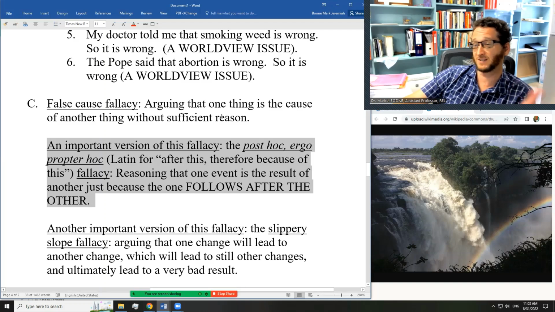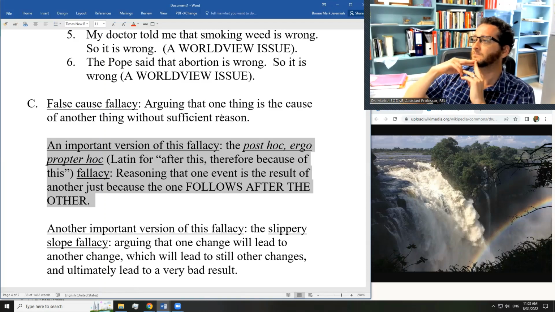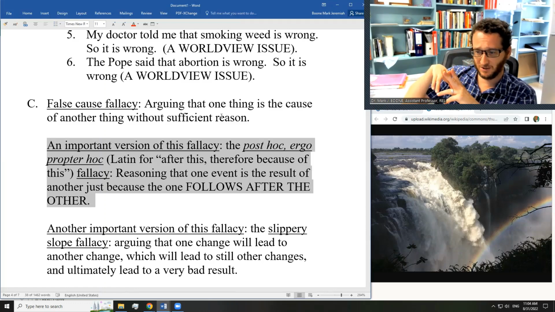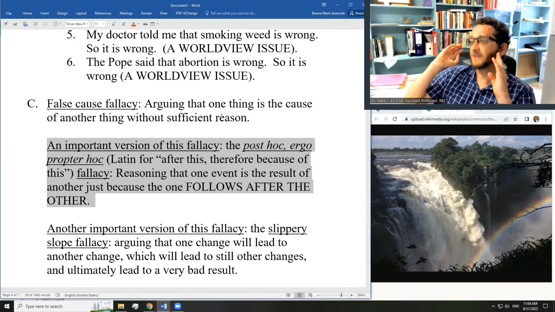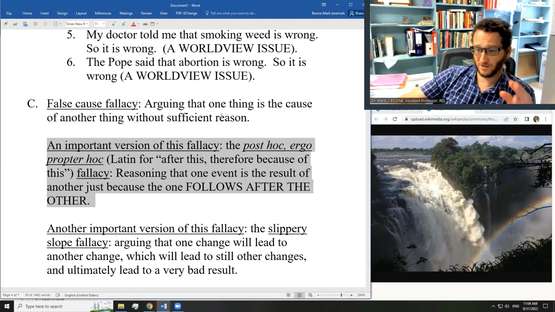Gross domestic product grew dramatically in the third quarter of 2003, shortly after the George W. Bush tax cuts. Therefore, tax cuts cause increase in GDP. Well, I'm not sure if that's a great argument. I wouldn't call it a fallacy. It's at least suggestive, but you want some more data. But if you can give an argument that shows that, all else being equal, dramatic increases in GDP do tend to follow tax cuts in many cases where other circumstances vary, but there's still a consistent following of increased GDP on tax cuts, you might be able to conclude that tax cuts do cause increase in GDP.